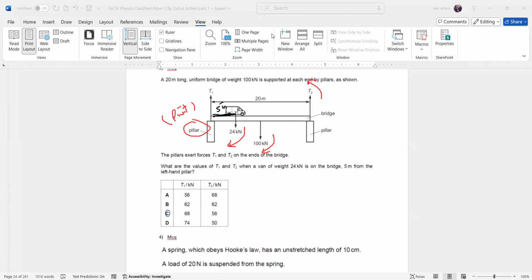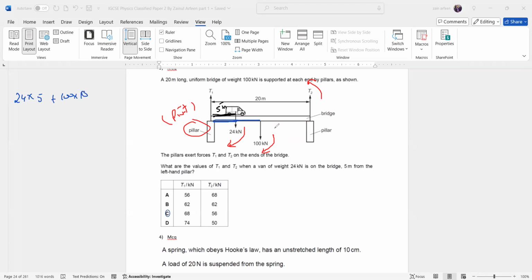So when we write the equation, this will be 24 times the distance from the pivot, which is 5, plus, because this is also causing a moment in the same direction, so we add, 100 times the distance, which is 10.